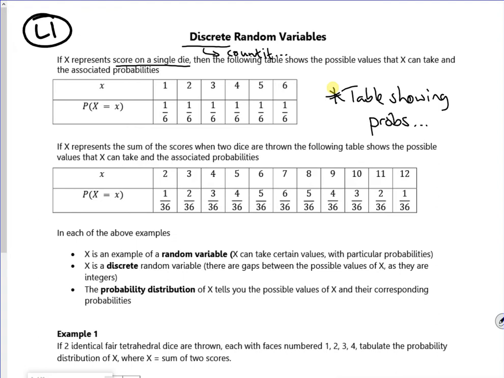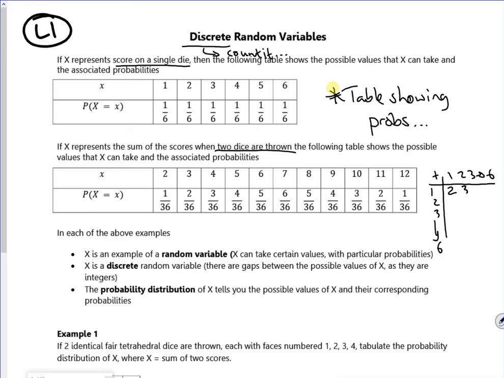So then it says X represents the sum of the scores when 2 dice are thrown. We normally do this in a table first, like you'll have done at school, where you have 1, 2, 3, all the way to 6, and 1, 2, 3, all the way to 6. You're adding them together, so a 1 and a 1 gives you a total of 2.